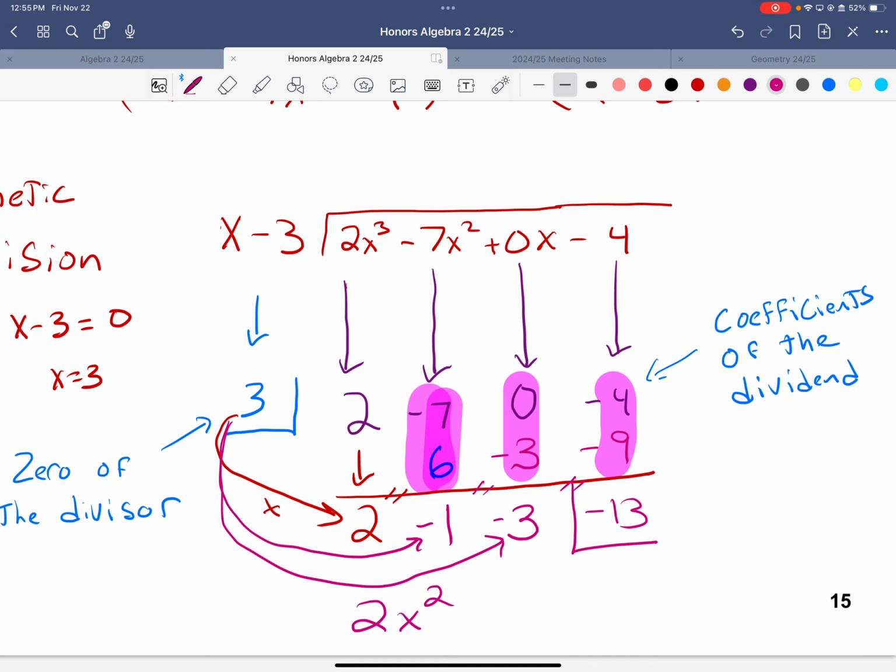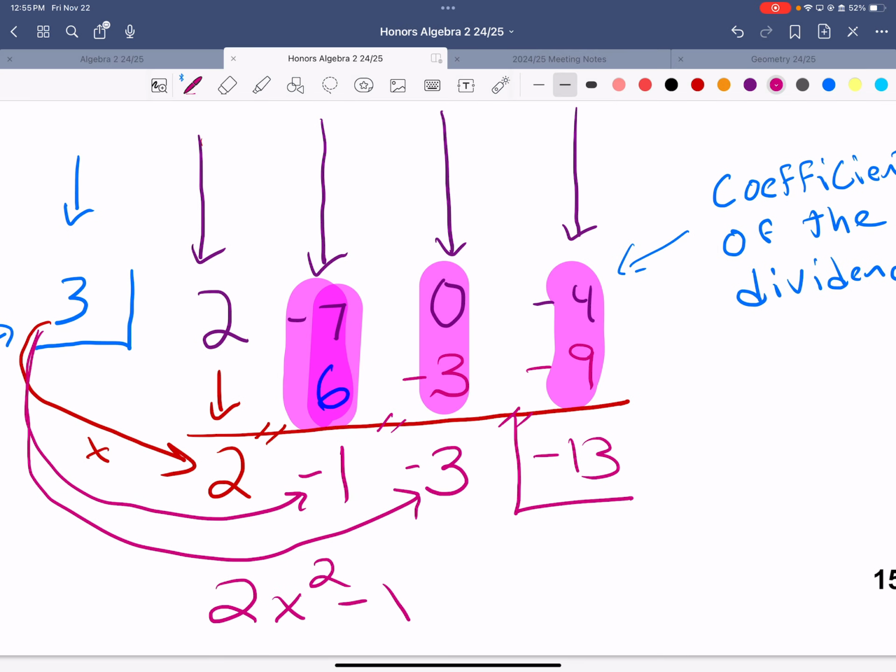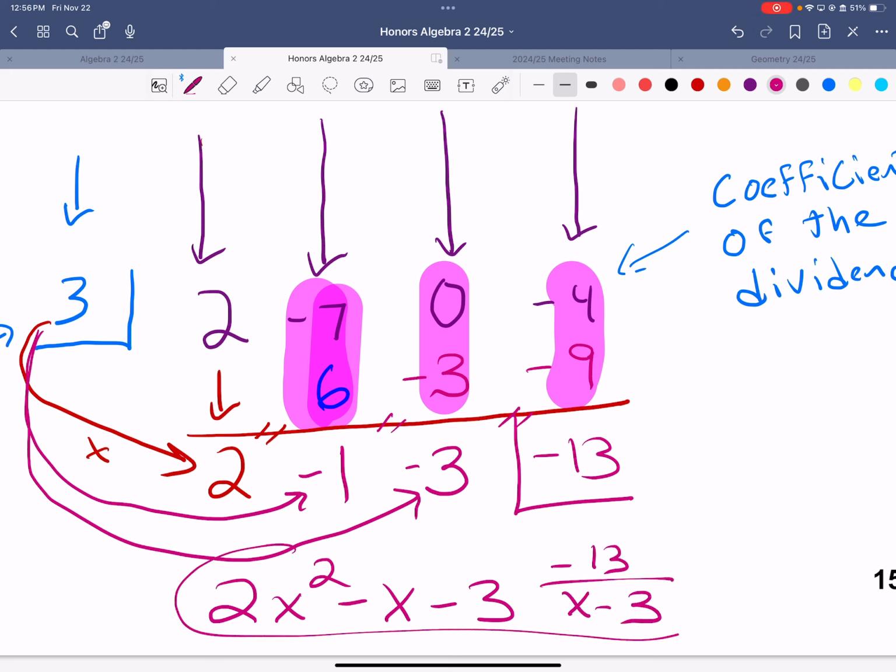So we're going to go 2x squared minus x minus 3, and then we've got the negative 13 over what our original divisor was, sitting right there. Same solution as we got with long division.